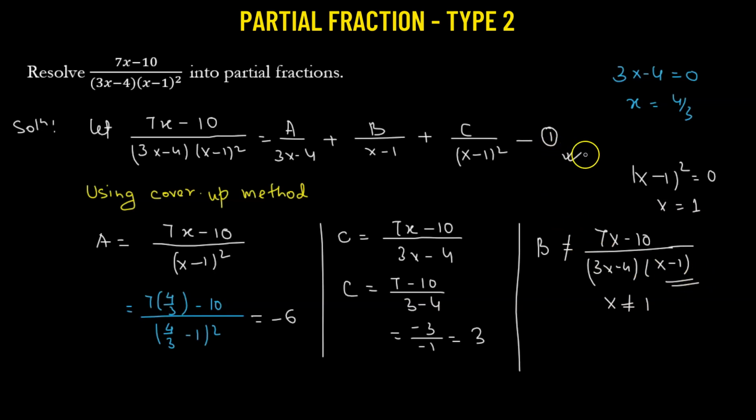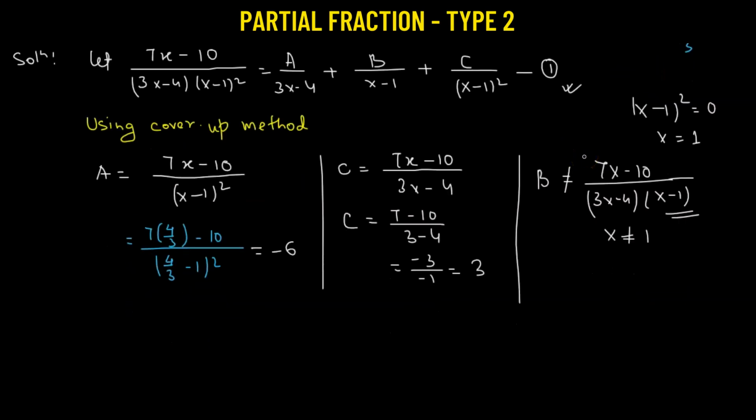For that, we are going to use equation number 1. We'll take equation number 1 and multiply throughout with (3x - 4)(x - 1) squared. This is going to give us 7x minus 10 on the left hand side.